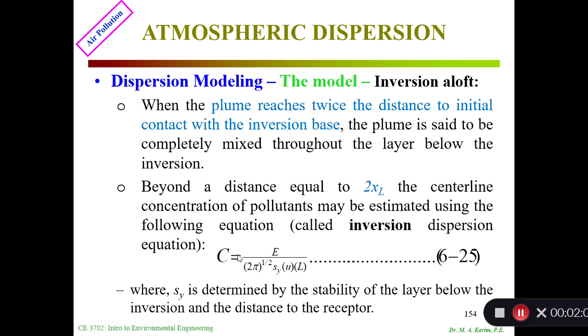That means the concentration would be E over (2 pi)^(1/2) SY U L, where SY is determined by the stability of the layer below the inversion and the distance to the receptor. SZ is not important over here, it looks like, because the plume is not going upward anyway, right?